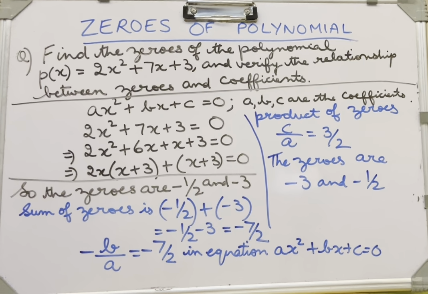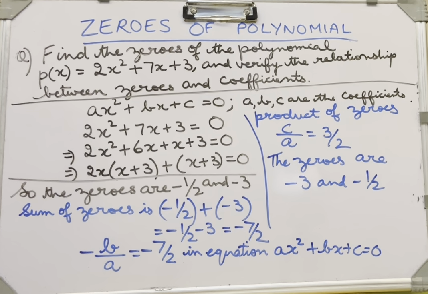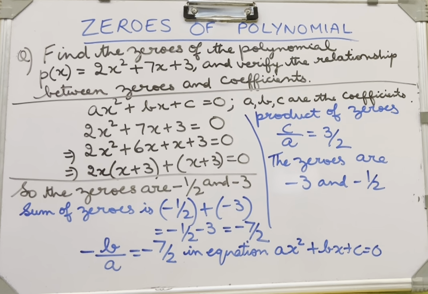So today we learned that a zero is a value of x for which the polynomial becomes zero. Understanding zeros helps us solve equations and interpret polynomial graphs more confidently. Keep practicing, keep exploring. See you in the next lesson video. Till then, best wishes and happy learning.